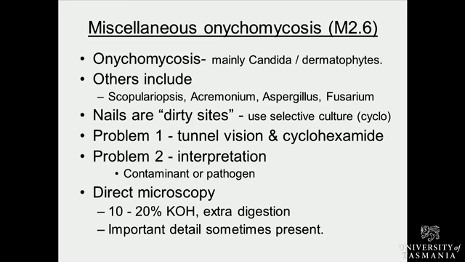And it helps to see them on the direct microscopy to support the growth being significant. Otherwise it might be contamination. So always do direct microscopy. And it may take overnight to digest a bit of nail. Look for things inside the nail, bits of hyphae.